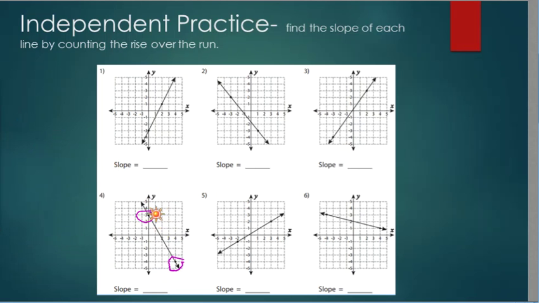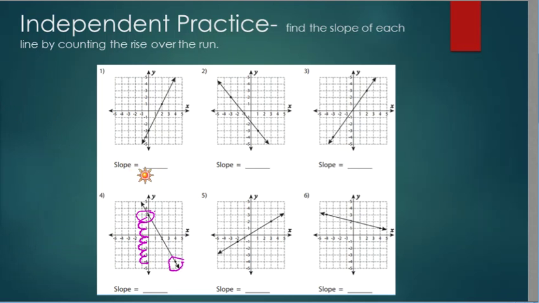In order to find what the slope is, we are going to count the change in y over the change in x. So to move from here to here, we have to move down. I wish this wasn't so little. We have to move down 1, 2, 3, 4, 5, 6, 7 spaces.